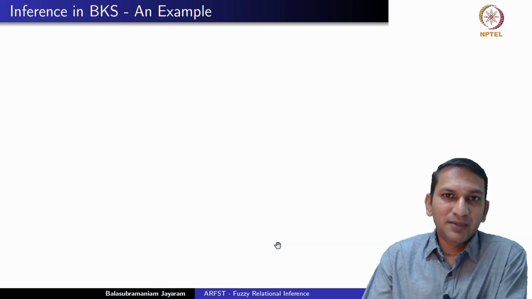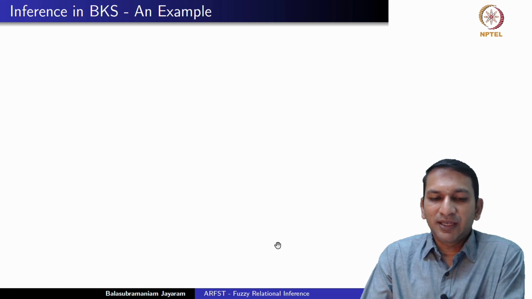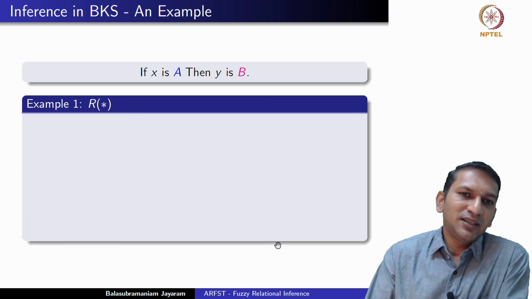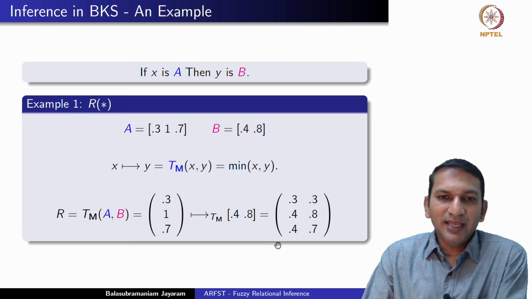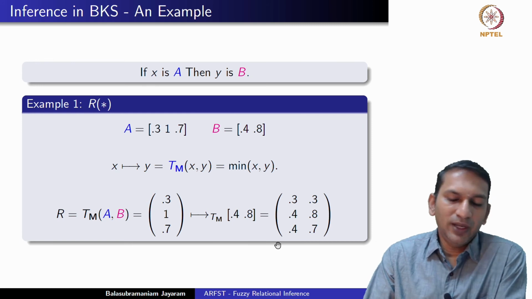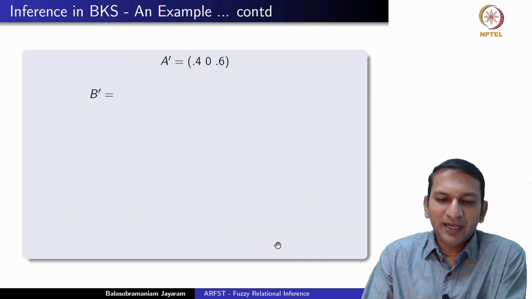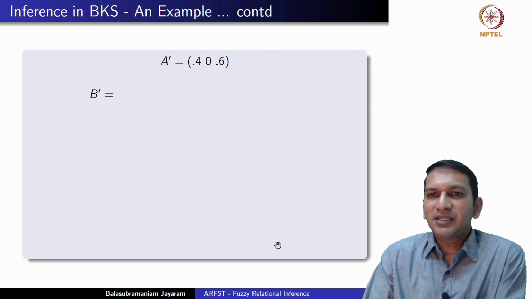Let's also look at an example inference using BKS. For this, let's consider example 1. That is, once again, the A's and B's have remained the same, only that we have considered a T-norm to construct the relation. And we have seen that this is the R that we obtained a little while earlier. Now for the same A', let's apply the BKS inference.